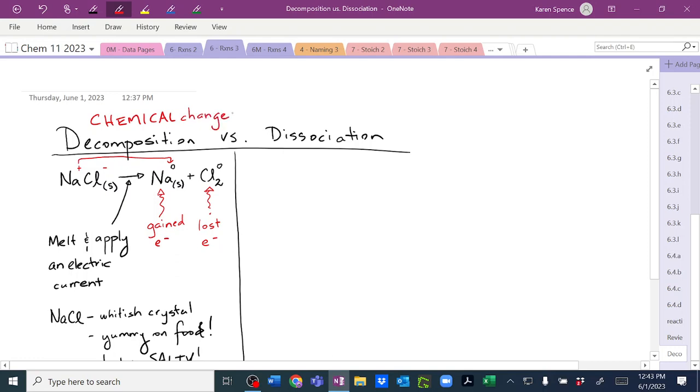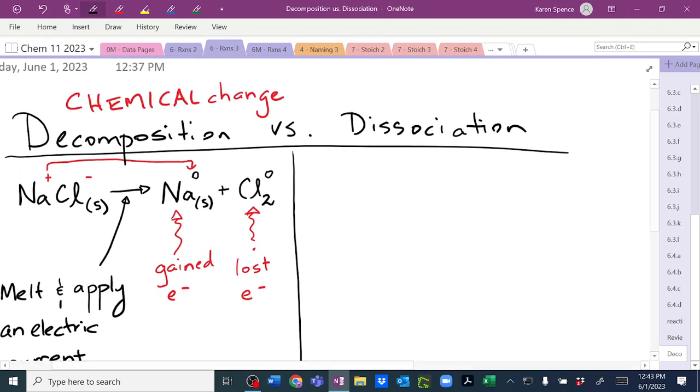But dissociation, we're going to start again with NaCl solid. When it dissociates, it splits apart into ions, Na plus aqueous plus Cl minus aqueous.